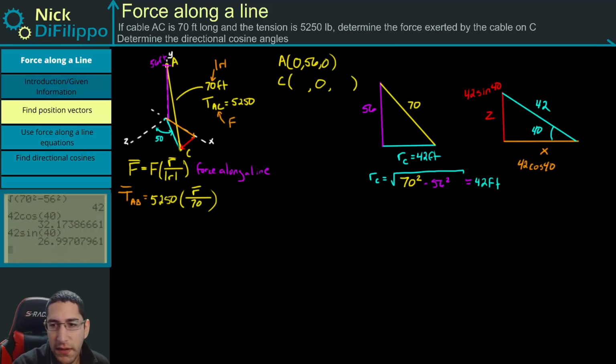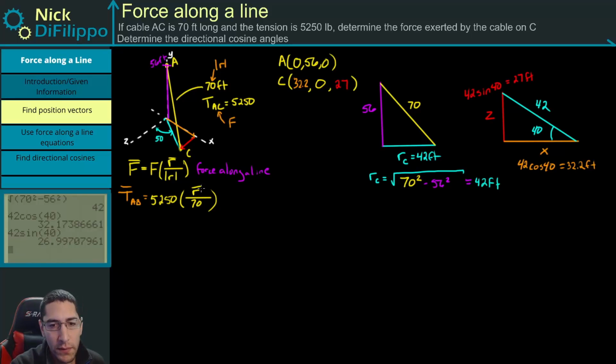So 42 cosine of 40 is going to be 32.2 feet. And 42 sine of 40 is going to be, we'll round this to 27. So x is 32.2. Z is equal to 27.